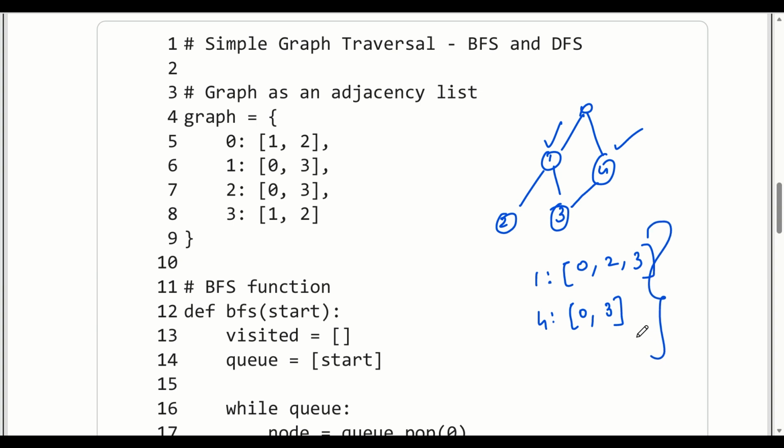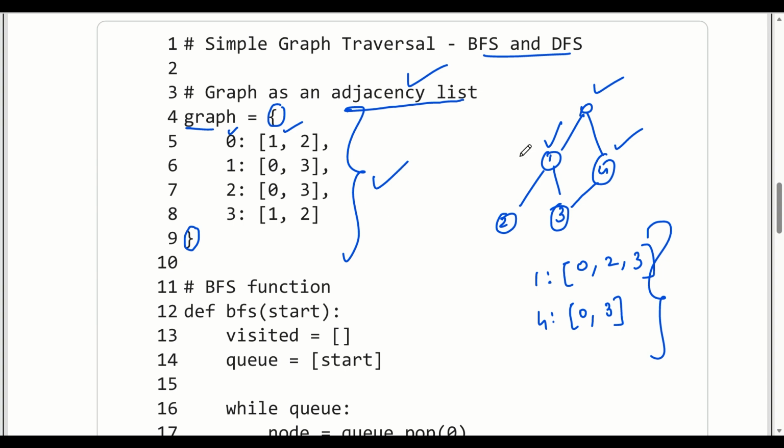Whatever you have seen here is called an adjacency list. So given any graph, to perform BFS and DFS in this code, we need to draw the graph and give the key value pairs, since this is a dictionary. What is the key and what are the values? Understood this first one?